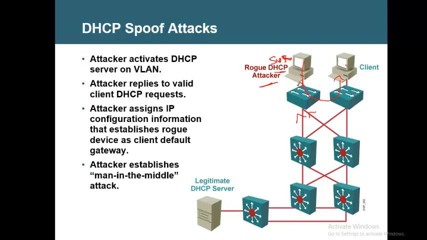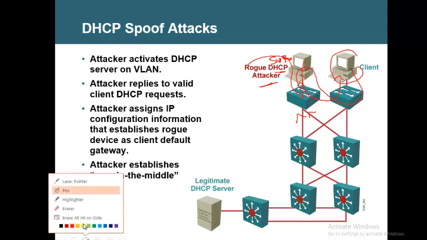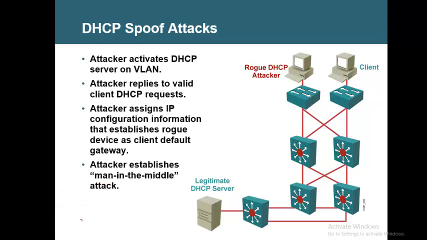So from that moment onwards, the client will always go through the server for anything. Because the server has given his own address as a gateway, his own address as a DNS. So if this attacker has got a fake DNS server, not a real DNS server, then when the client requests for a Standard Chartered page, this fake DNS will give a fake IP address of the fake server called Standard Chartered.